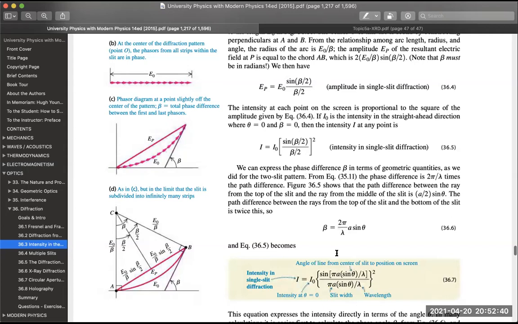But the thing is, beta is expressible as K times the path difference, the same as we looked at before when we were talking about two slits. We wrote it as 2 pi over lambda, K times R2 minus R1, but we wrote R2 minus R1 as A sine theta.